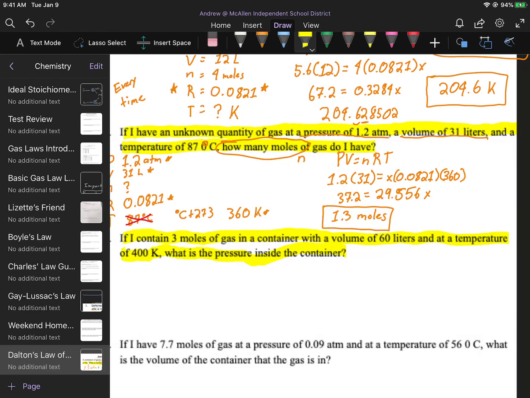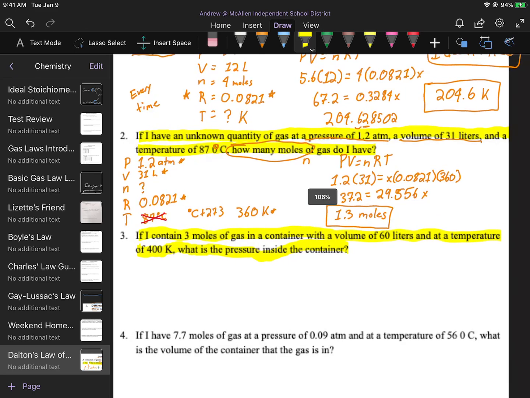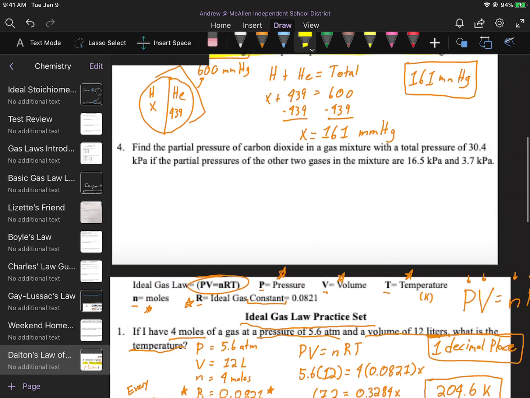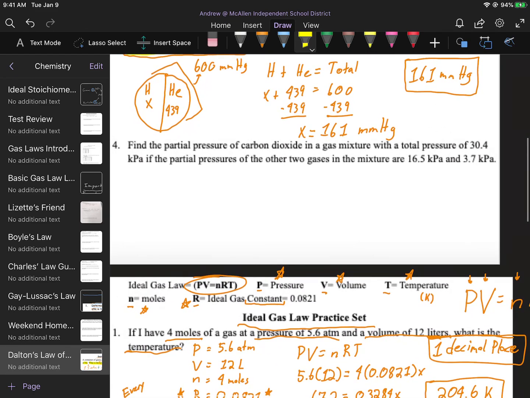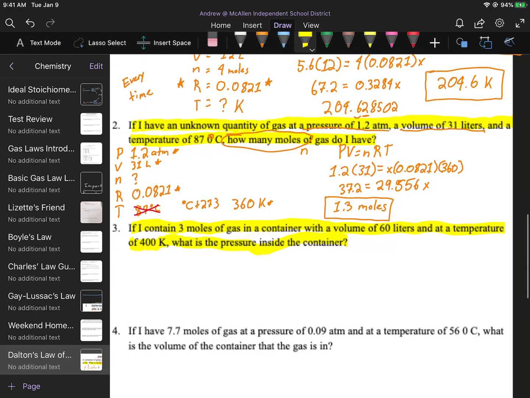When you have the answer to number 3 for ideal gas law, take that answer and the answer to number 4 from Dalton's law of partial pressure. You're going to go to Google Classroom and you're going to post what you think those answers are in the form that's there. So here's number 3 again. Make sure to pause the video, get your answer. All right.